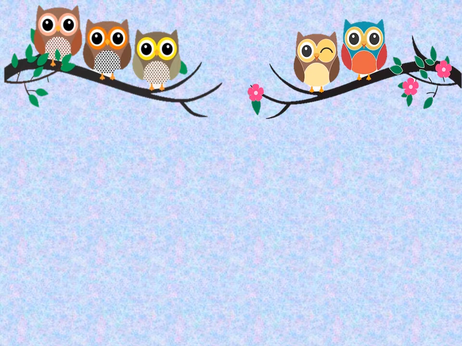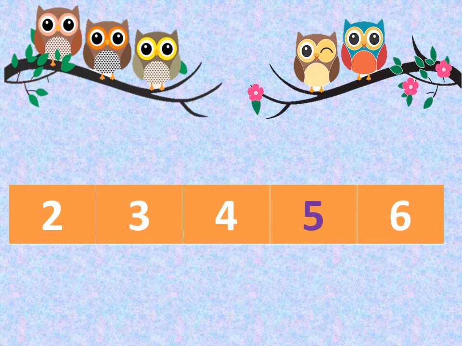Now, number track comes to help. How many birds are there in the first branch? 3 birds. Another branch, there are 2 birds. So, we use the number track to find the sum of the birds on the branches.